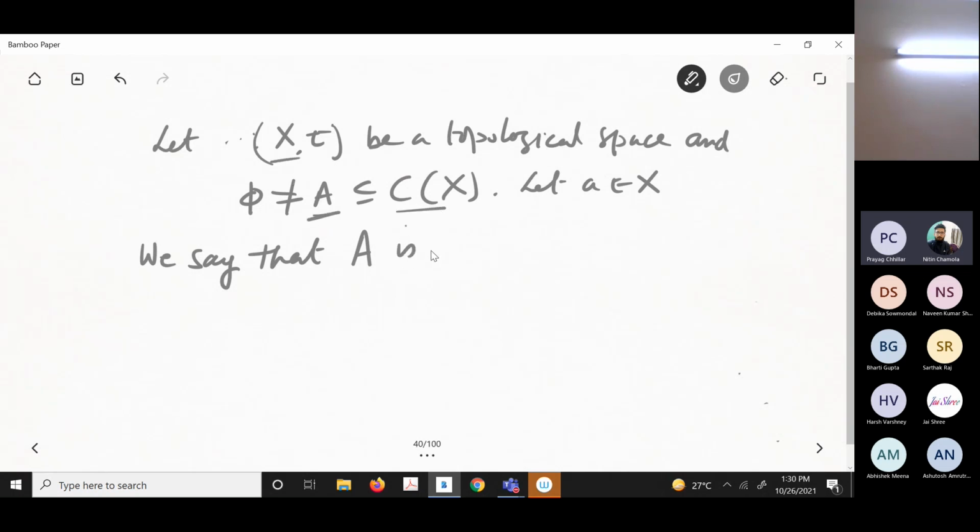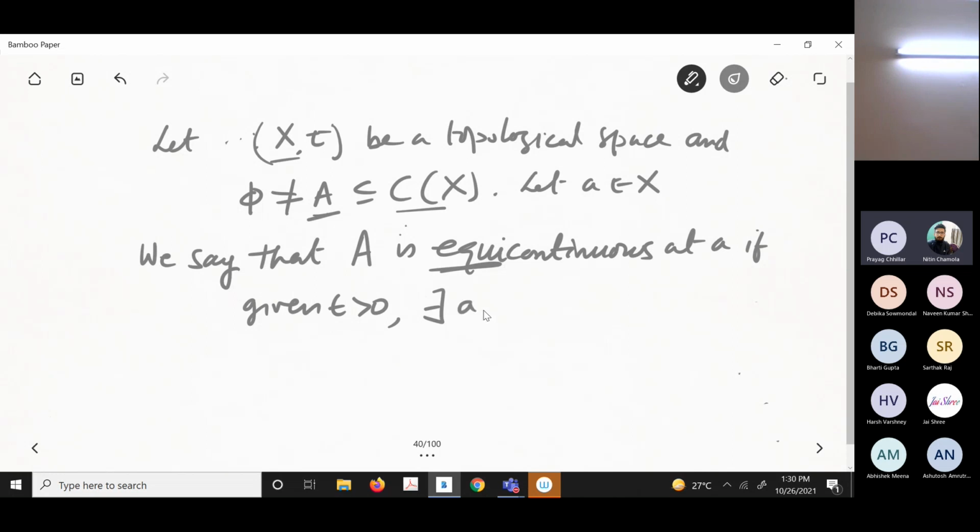A is equicontinuous, this adjective, equicontinuous at A if given epsilon greater than 0, there exists a neighborhood U of A in X such that this is contained in this.